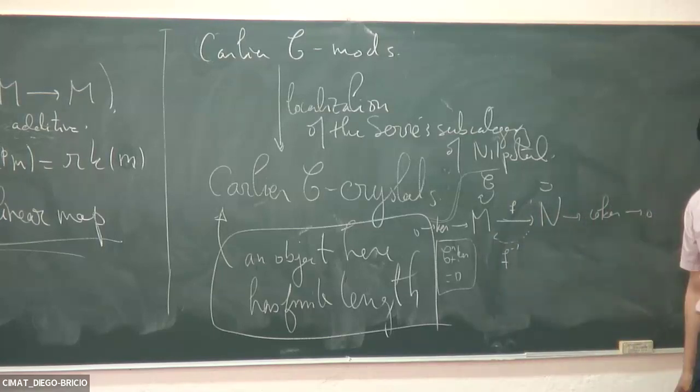I see. So the objects are the same. They're still Cartier modules. It's the same Cartier module, but the maps are equivalence classes of maps? Because you're saying two of them are equivalent when you localize.